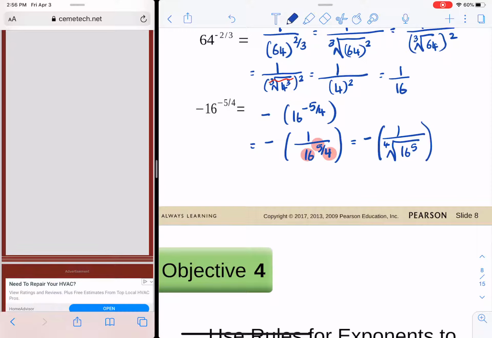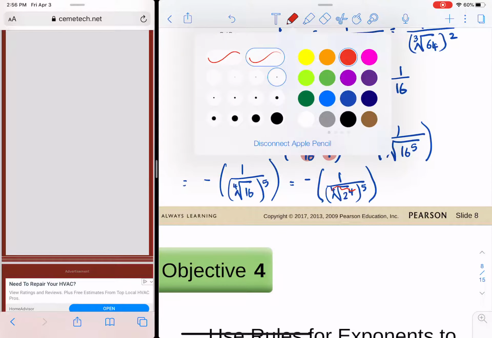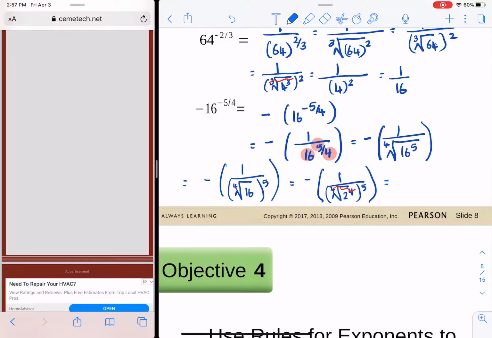But keep in mind, we could also write this as the fourth root of 16, raised to the power of 5. So that would equal negative 1 over the fourth root of 16. I could write it as the fourth root of 2 raised to 4, raised to the power of 5. And those two would sort of go away, and we will have negative 1 over 2 raised to 5, which is negative 1 over 32.